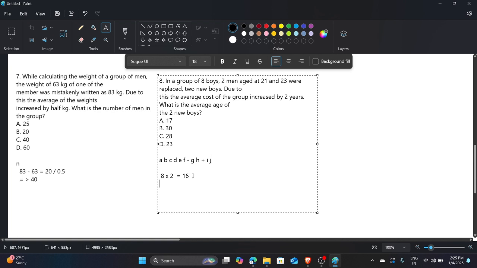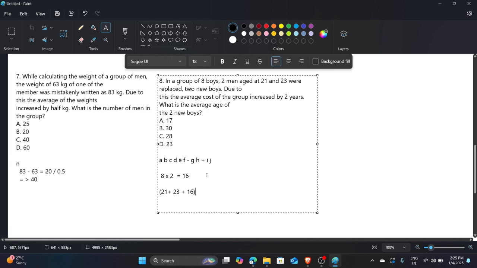Now for the average age of the two new boys: the 21 and 23 they already had, and now the 16 is also added.